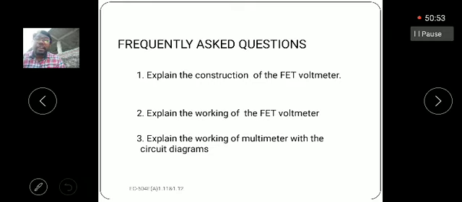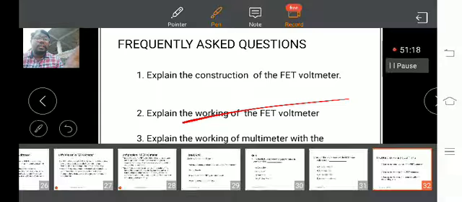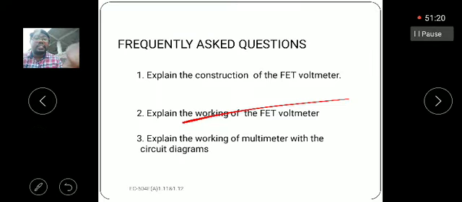We also discussed the main problem faced in the FET input voltmeter, the drift problem. And we discussed the advantages and disadvantages of the FET input voltmeter. These are the topics I covered in this presentation.